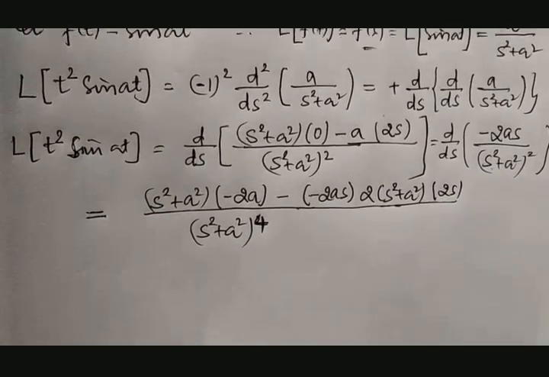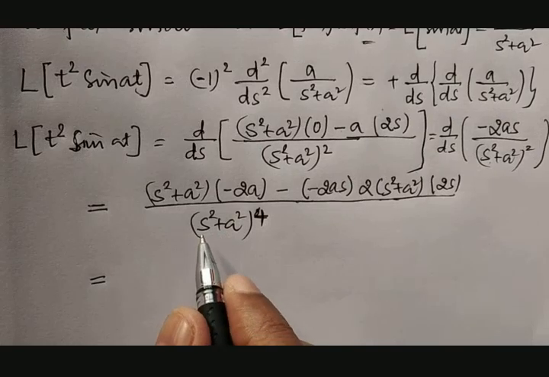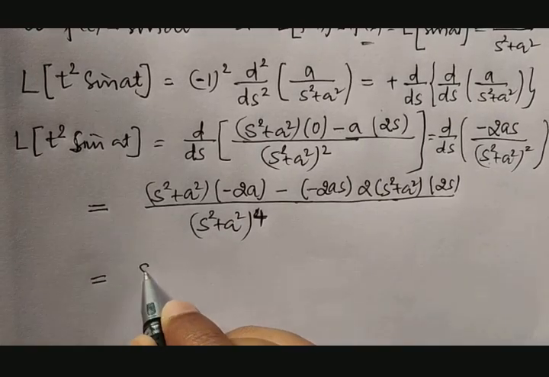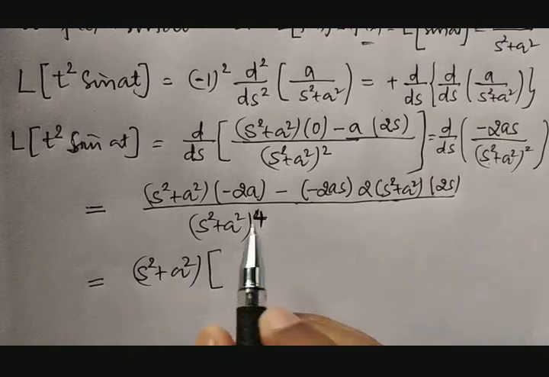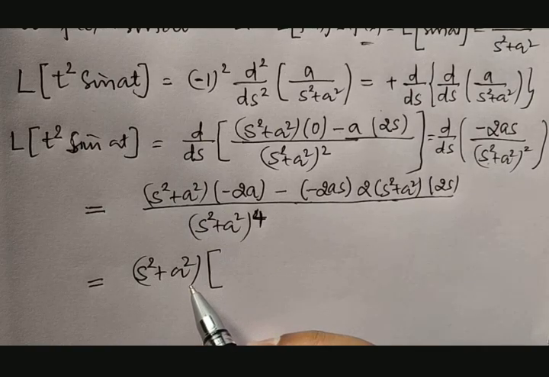Now take s square plus a square common from the numerator.